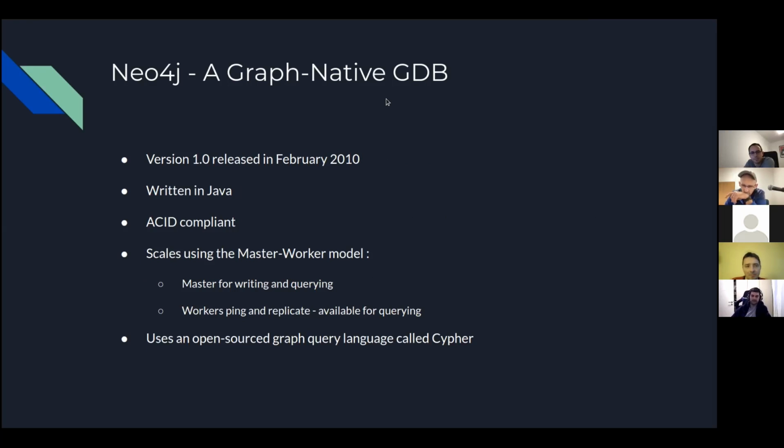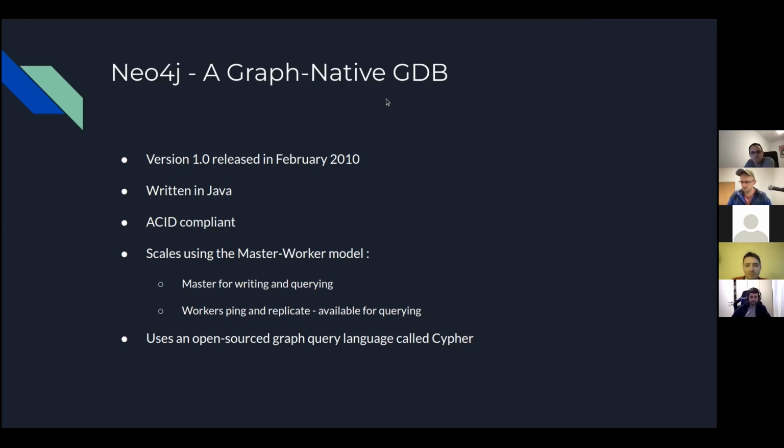All writing is done to the master node, and you have the worker nodes that are continually pinging the master node and asking, has your data been updated? And if yes, it gets the delta, it updates, syncing with the master, and then you can use these replicas or workers for querying. You don't write to them, but you can use them for querying, thereby lessening the load on the master node.